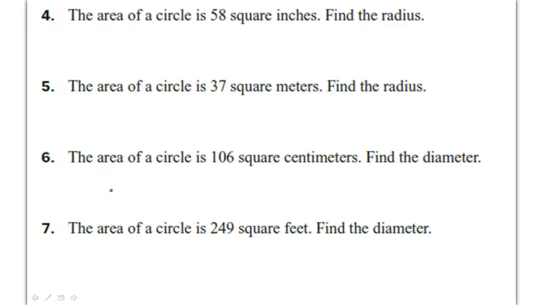All right, keep going. All right, check your answers. The answer number 4 should have been, the radius is 4.3. The answer number 5 should be radius of 3.4. The answer number 6 should be diameter equals 11.6.